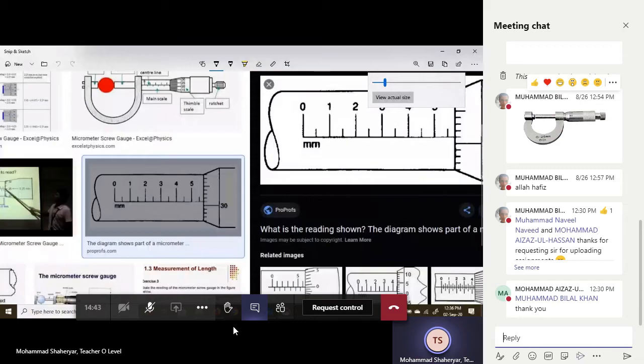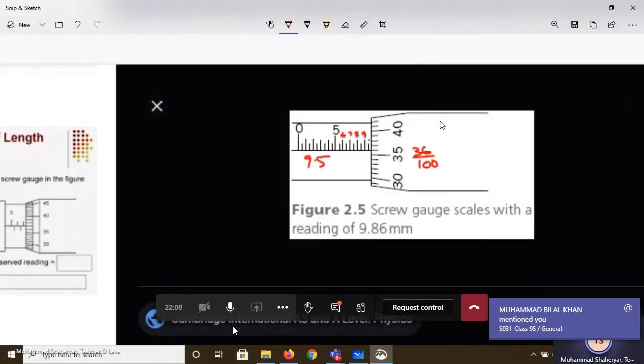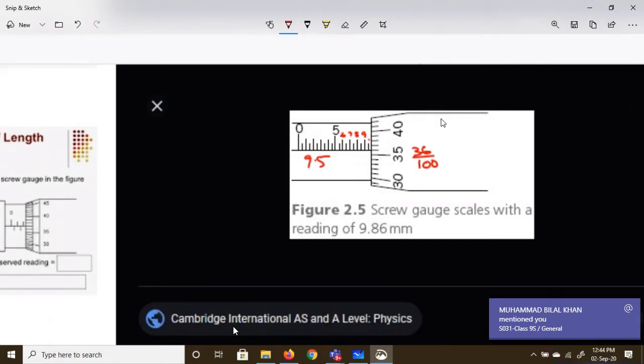No, beta. The longer divisions are of 1. For example, this one is 6. This is 8. This is 9. Sir, this is 9.5. 9.86. Yes, exactly. So the main scale reading is 9.5. The circular scale reading is 36.